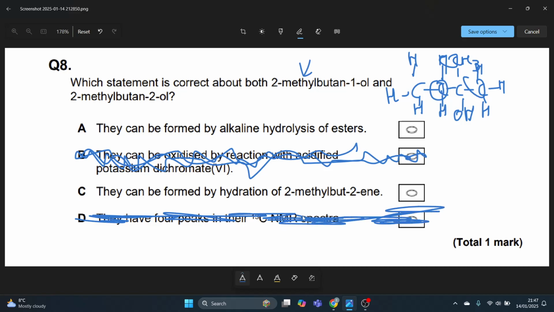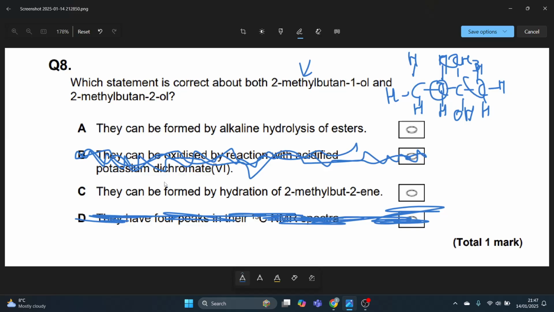I haven't gone through that topic and I really want to go through it as well. I'm not sure about it. So I'm left with A and C, formed by hydration of 2-methylbutene. They can be formed by that. No, it's not. Well, if I hydrate 2-methylbutene, yeah, let's go for it. Why not?